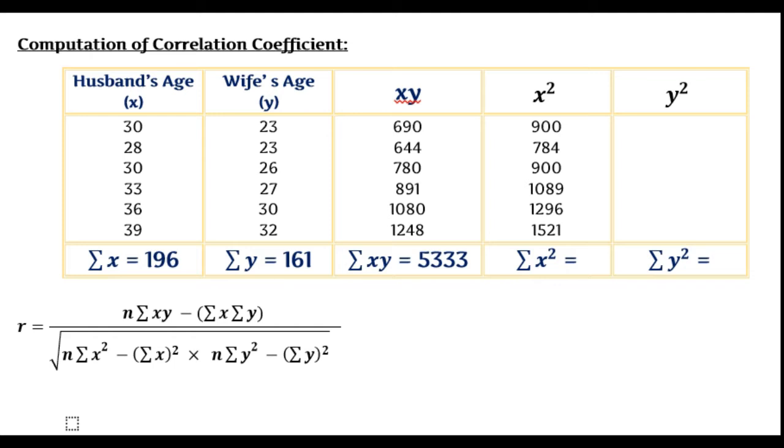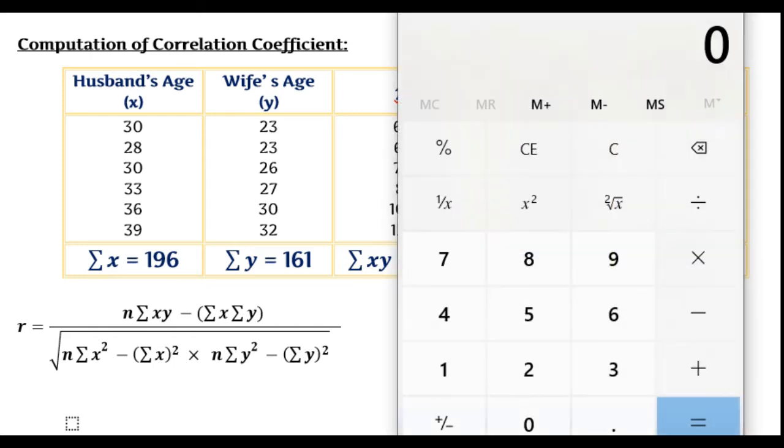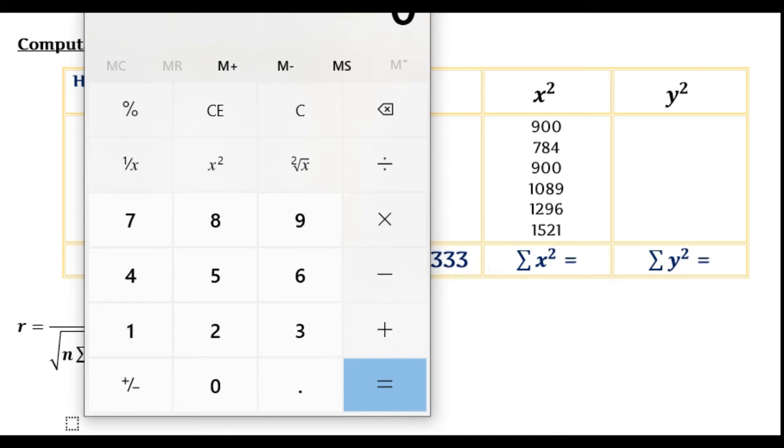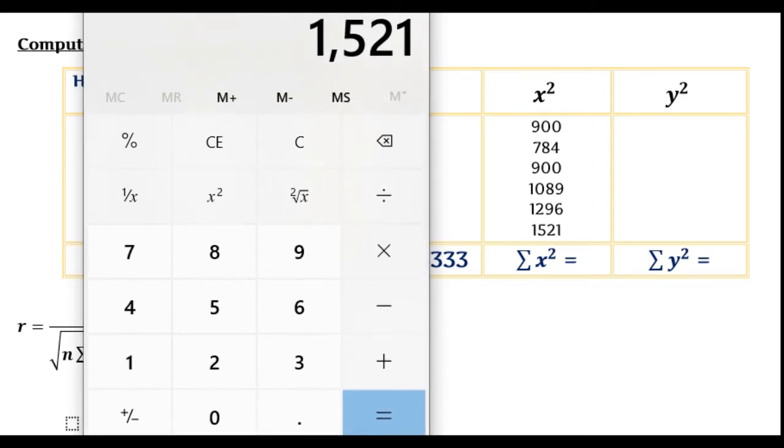So I'll use a calculator. You can use your calculator. So yeah, my calculator is here. First value 1521 plus 1296 plus 1089 plus 900 plus 784 plus again 900, okay, which is equal to 6490.